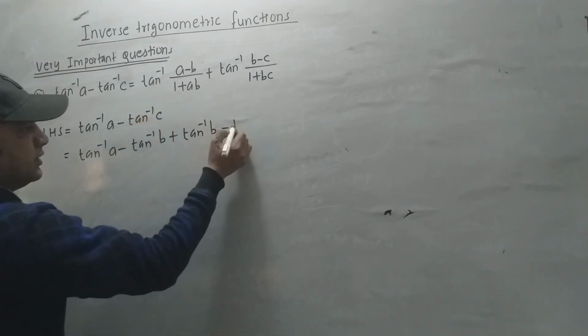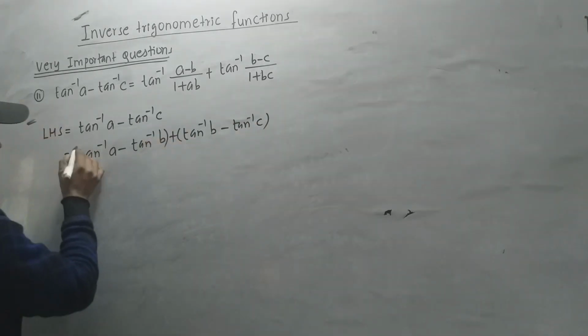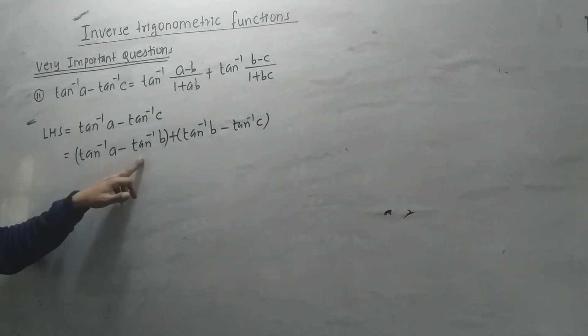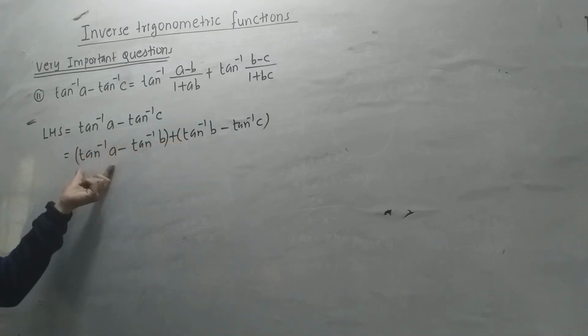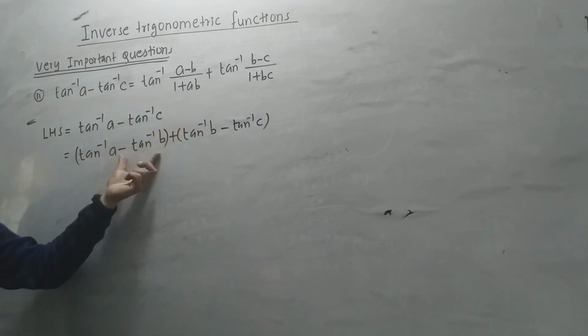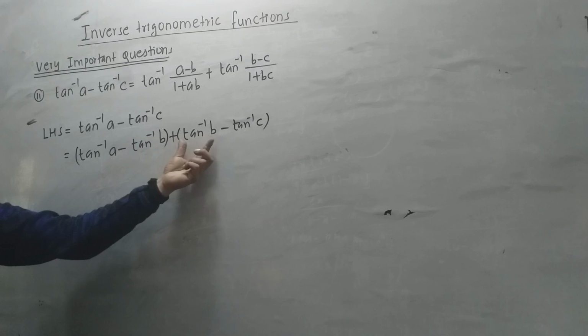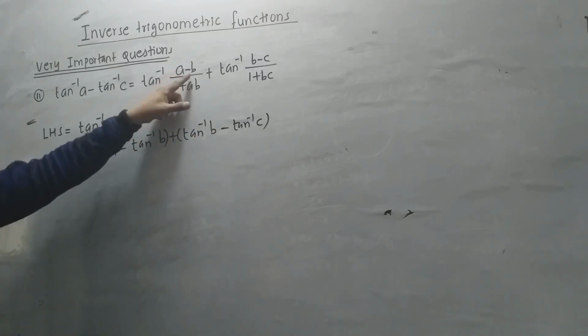So you are left with tan inverse c. Now don't be confused, this minus tan inverse b and plus tan inverse b will cancel, and we are still left with tan inverse a minus tan inverse c. So minus tan inverse b is written first, plus tan inverse b second. This plus tan inverse b must not be written first, because here it is a minus sign.